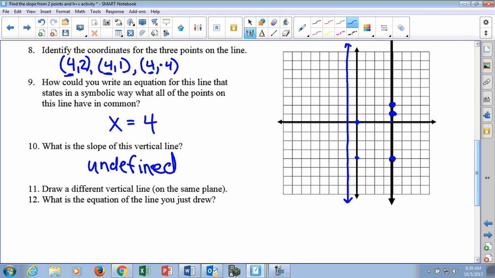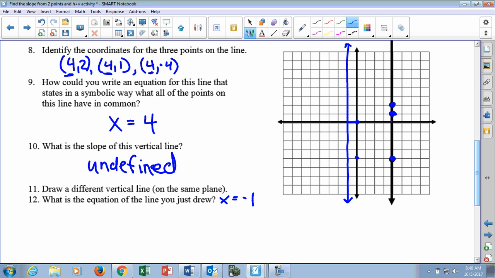Angelique? x equals -1. Because all the x points are at -1, one to the left, right? Starting to make sense? Not too bad? All right. And again, those two lines are parallel, right? So that means that the slope of that line would be undefined.